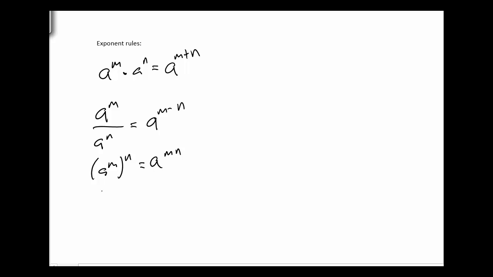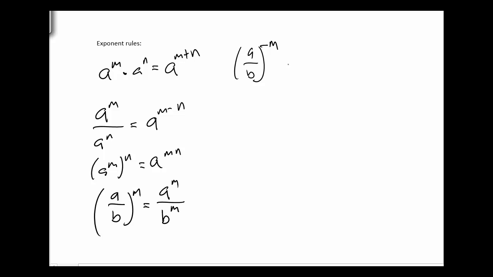If I have a fraction raised to an exponent, I can distribute the exponent into each component of the fraction. If I have a negative exponent, I can rewrite that as the reciprocal, and then I can distribute that to each component of the fraction.